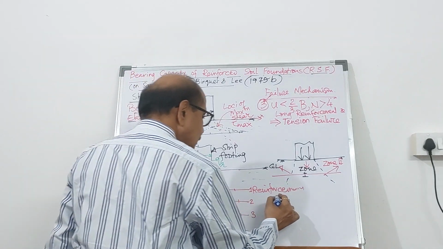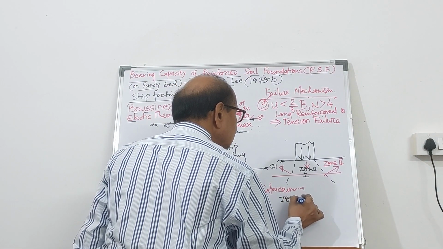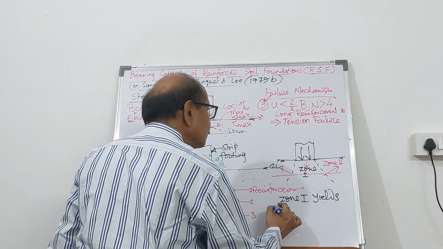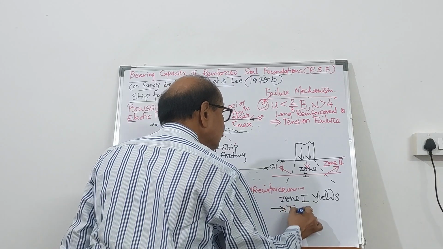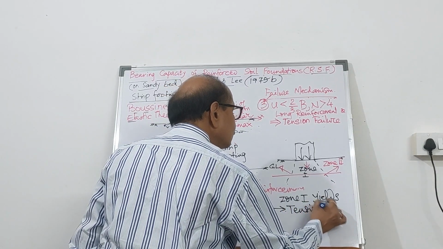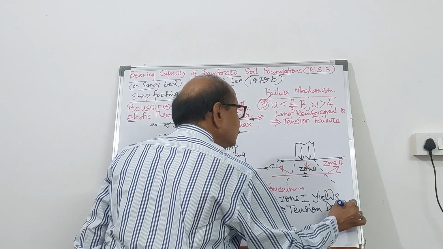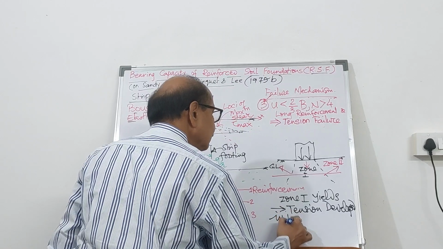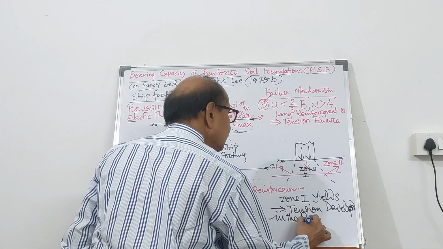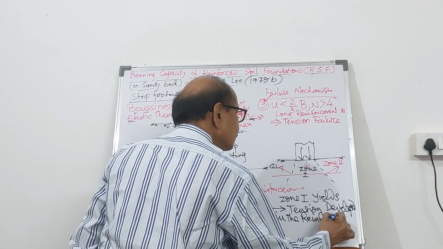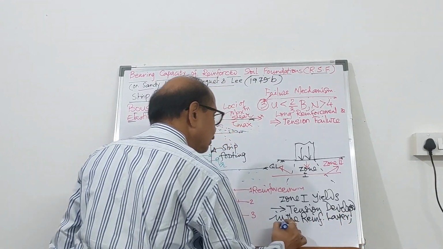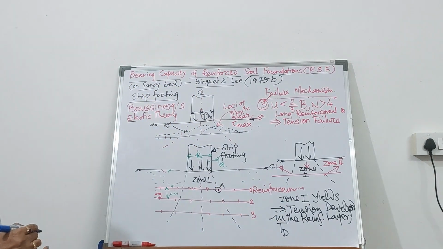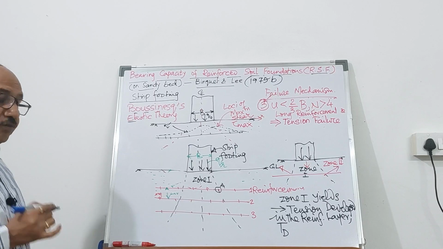So zone 1 yields tension developed in the reinforcing layer, which we call capital TD, tension developed. And we have to quantify it.